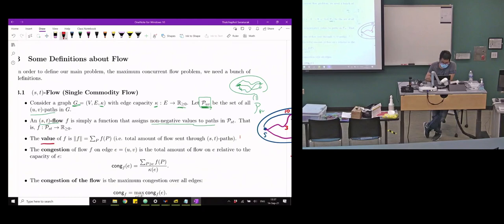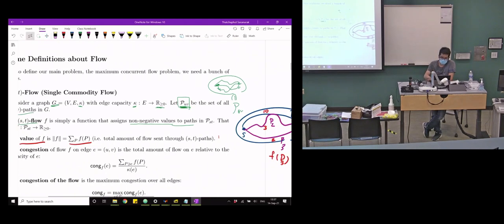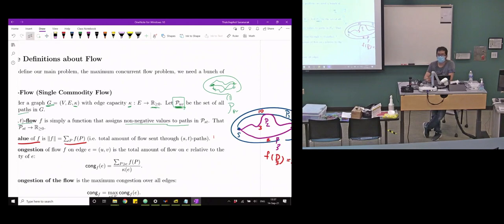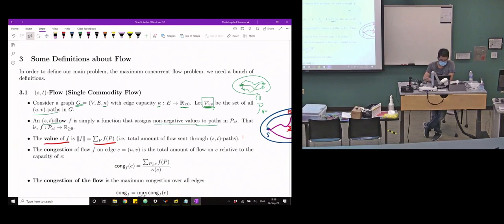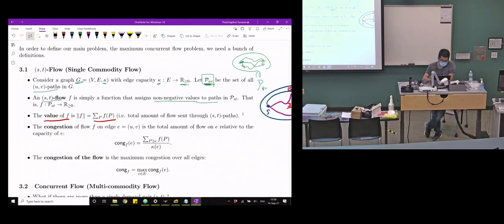And the value of the flow is literally just the sum of the total flow that you send. So in this example, it's going to be 15, right? 10 plus this plus this. Next, I want to define the congestion of the flow. The congestion of the flow on edge e is the total amount of flow on e relative to its capacity.